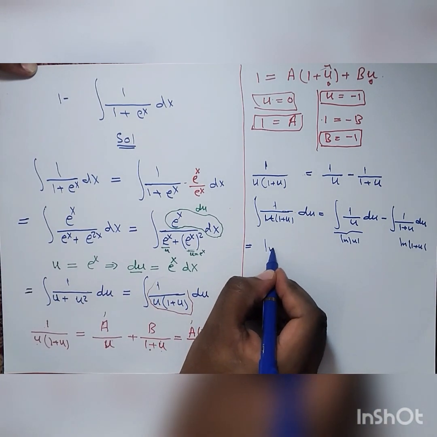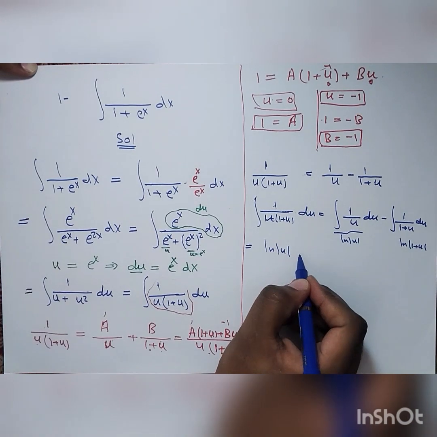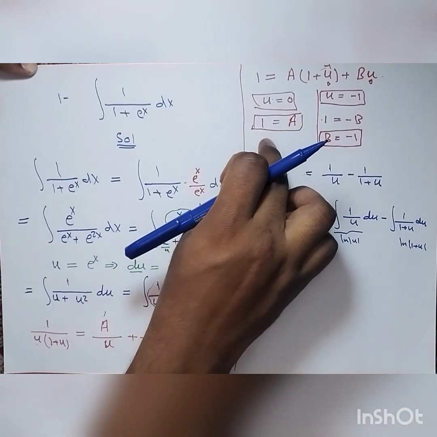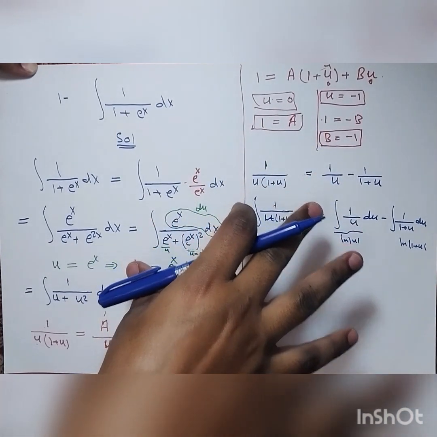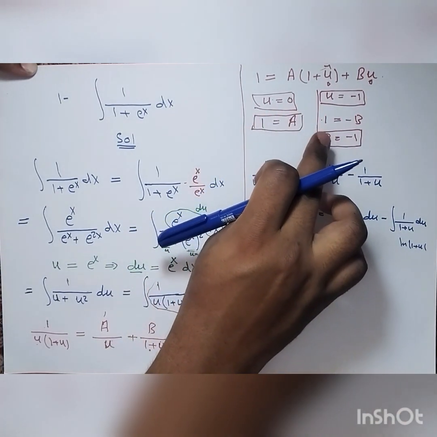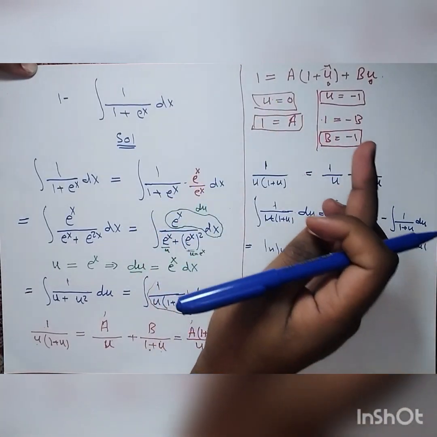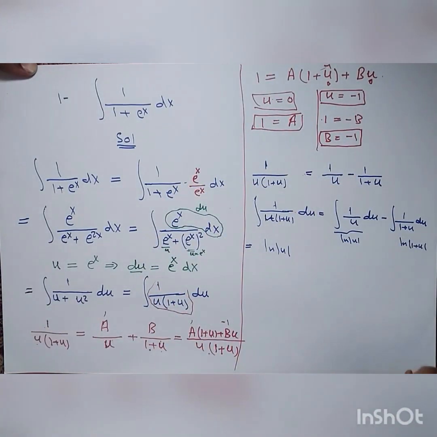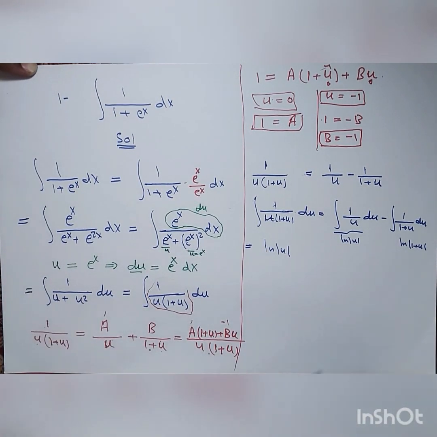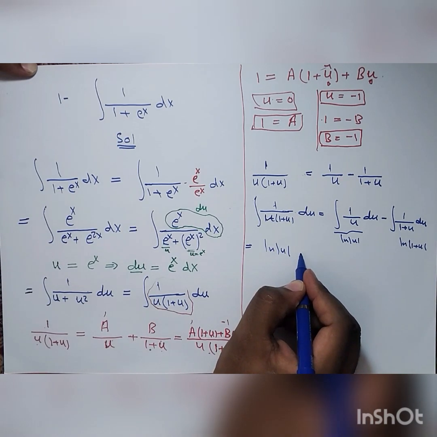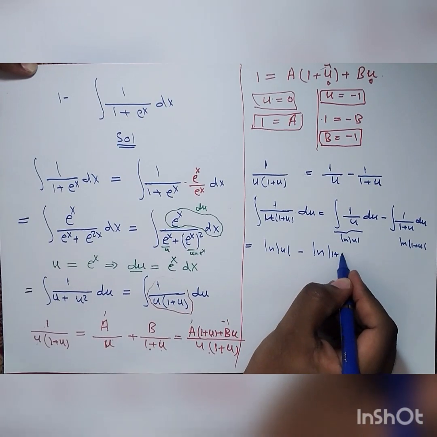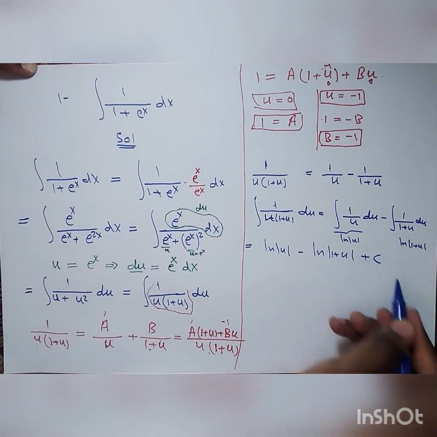We will have ln of the absolute value of u. Again, we choose the value for u to be independent of anything else. If you would like to do it perfectly, then you choose a value carefully, like u to be 1 and here 2. But that is of course correct, because when you substitute, you get the same thing. Then here we would have minus ln of 1 plus u, and then plus a constant.